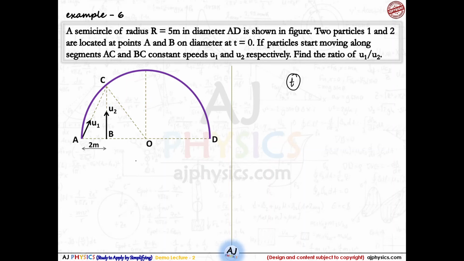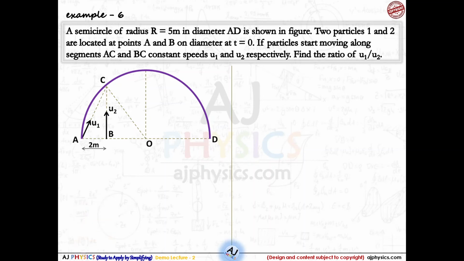Alright, let's discuss this problem first. Now the radius is given as 5 meter. This is 5 meter and this will be 3 meters here because this is 2. Now the next thing is, if this is 5 and this is 3, this BC has to be 4 because that will be 5 square minus 3 square.